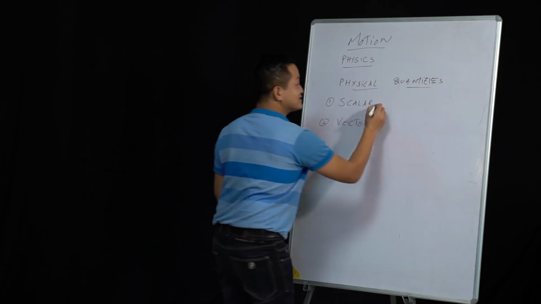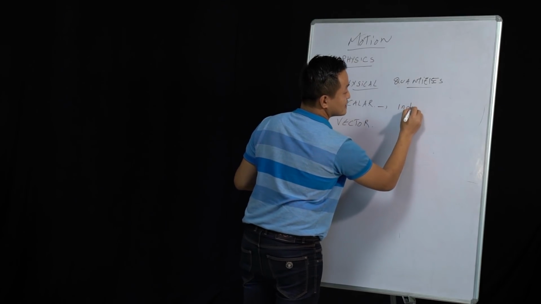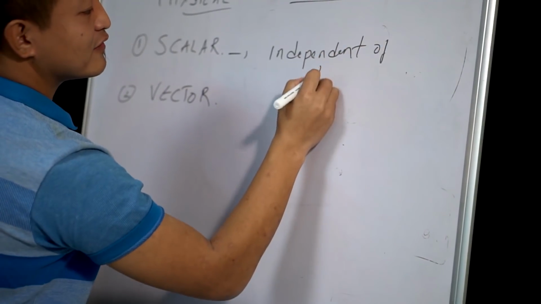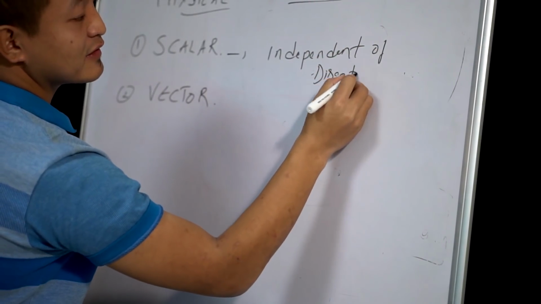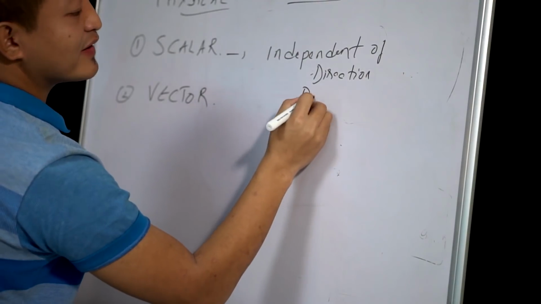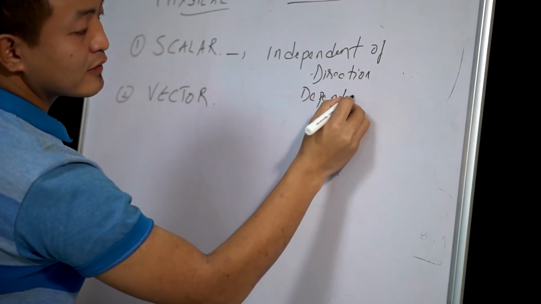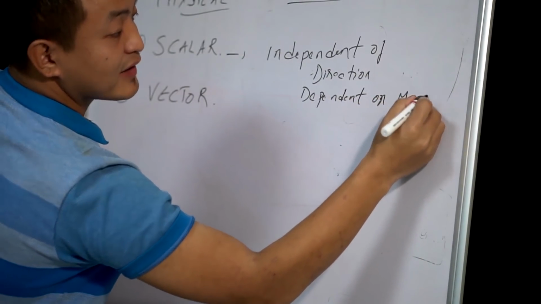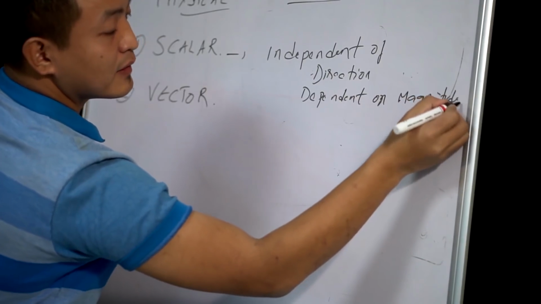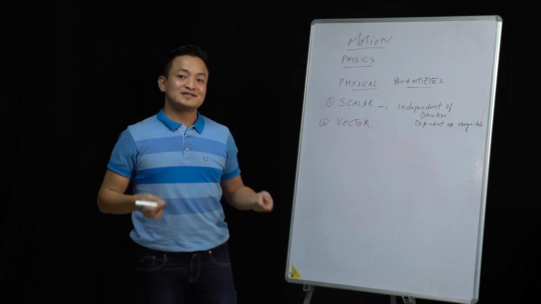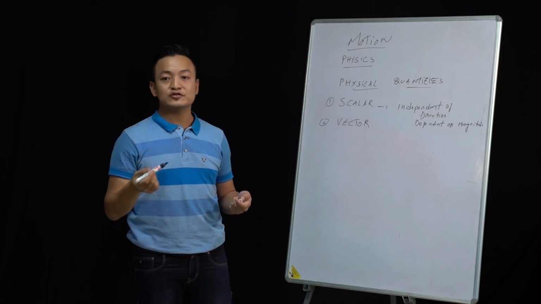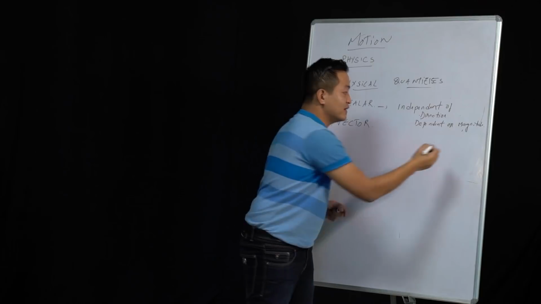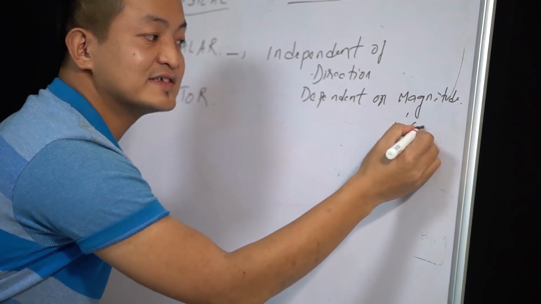So scalar is independent of direction and dependent on magnitude. Magnitude is a numerical unit. Clear? Like an example of magnitude, for this pen, the length is 10 centimeter.